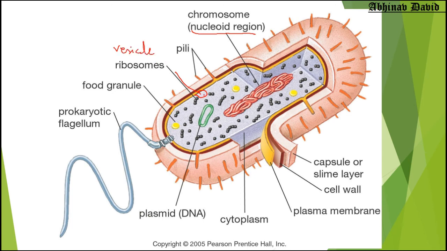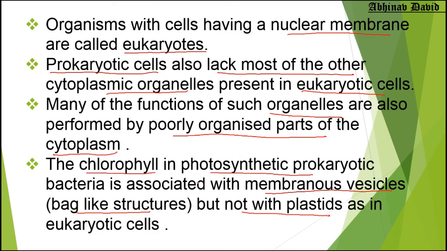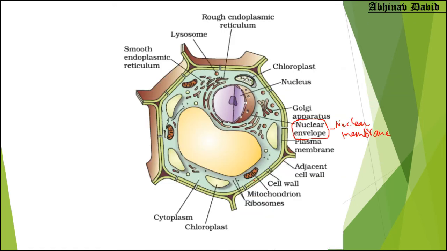Inside this, chlorophyll is present and they are doing photosynthesis. I hope this is clear. So the chlorophyll is not present in a plastid because a plastid is a cell organelle. The cell membrane organizes to form a bag-like structure where chlorophyll is present and photosynthesis is done. Now let us discuss the differences between eukaryotes and prokaryotes.